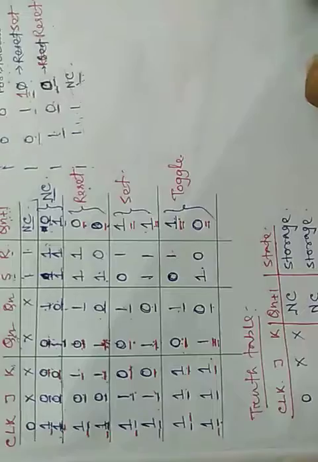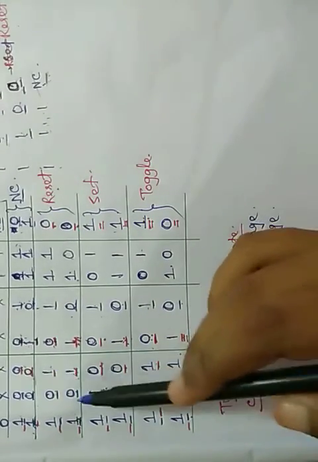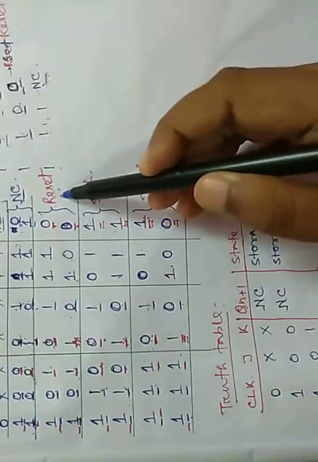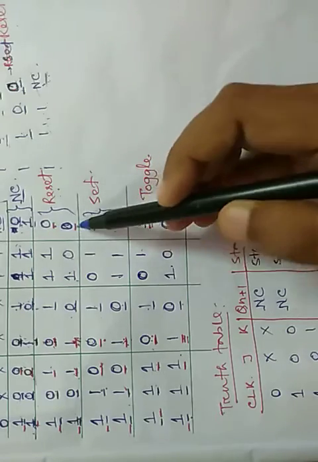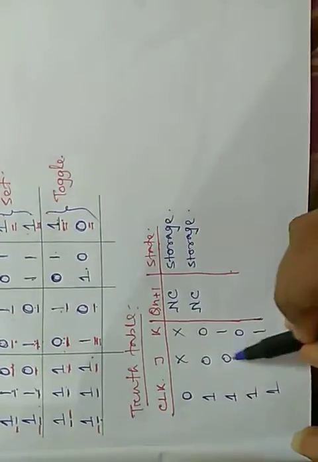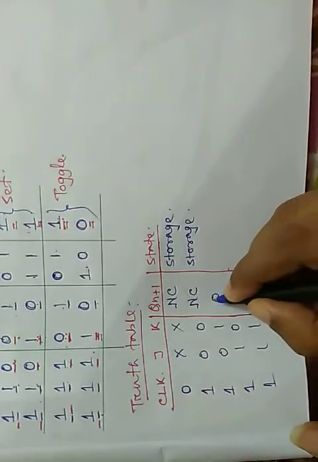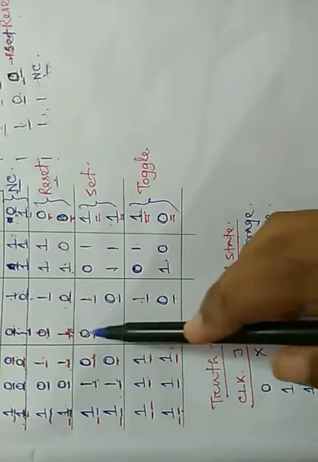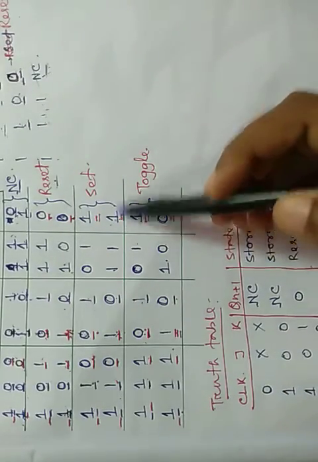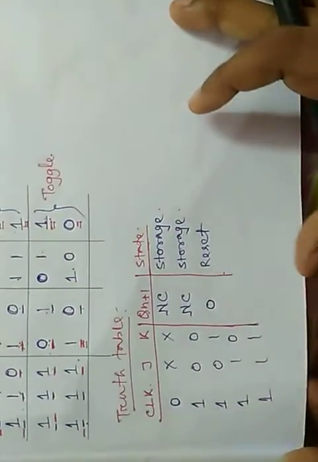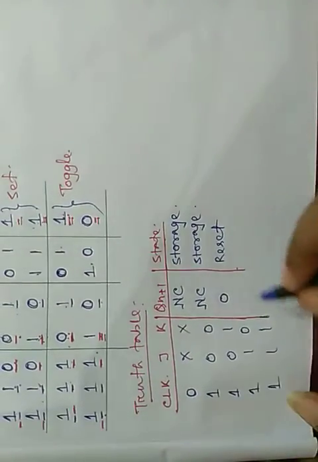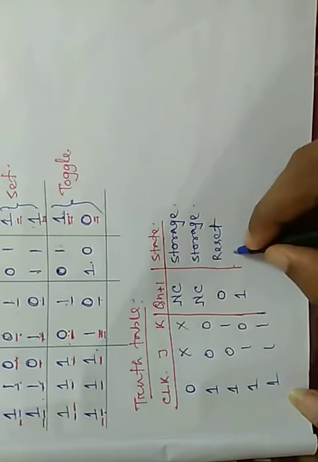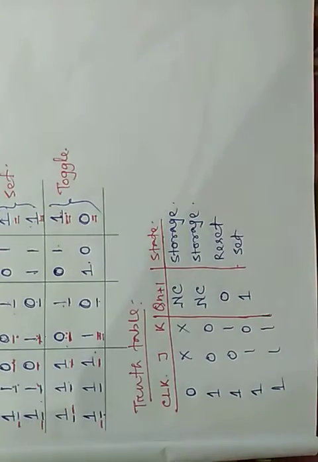For 0, 1, in both the cases the value of output is 0 and 0, and it is reset condition. For 1, 0, in both the cases the output is 1 and it is set condition.